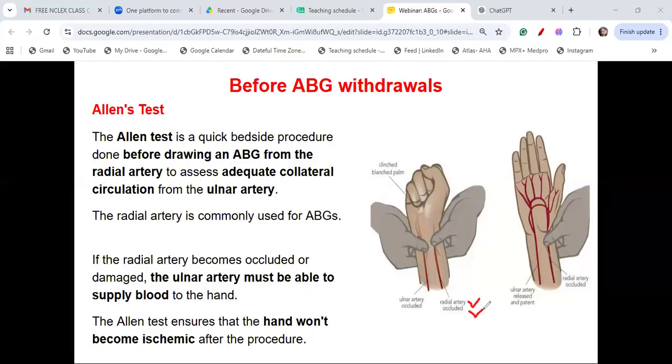If the radial artery becomes occluded or damaged, that means the ulnar artery must be able to supply blood to the hand. So why do we do this test? It ensures that the hand won't become ischemic after the procedure. If you occlude this one or if it's damaged, then the ulnar artery should be able to supply the distal part of the hand.